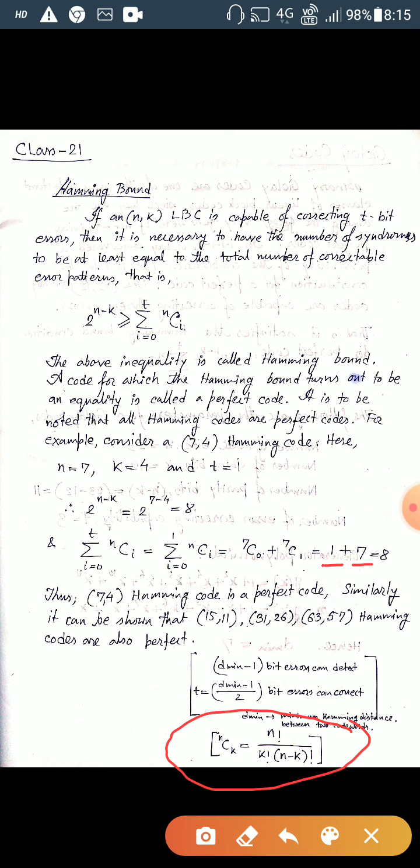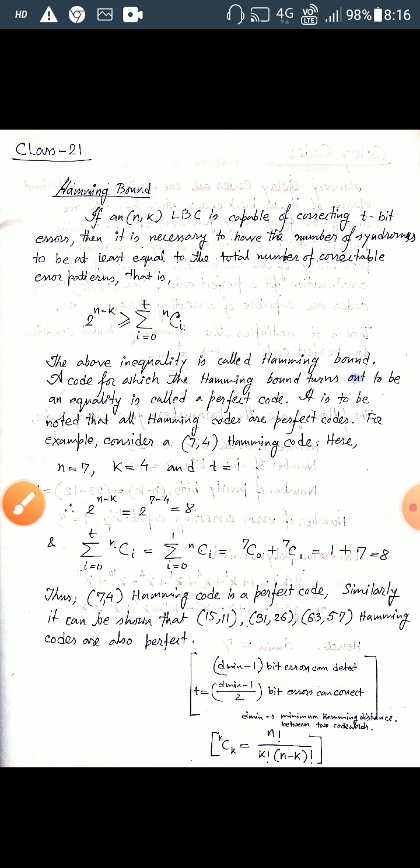If you remember this, you automatically get the value of each combination. So in this case, the summation of 0 to t of C(n,i) becomes 8.